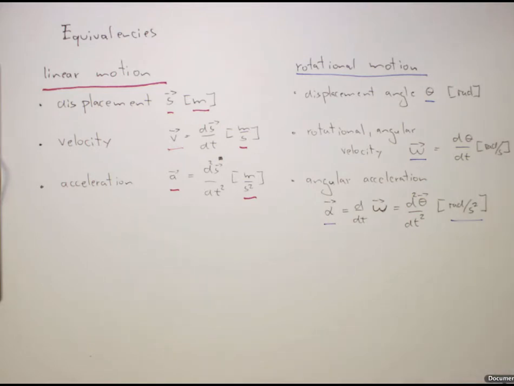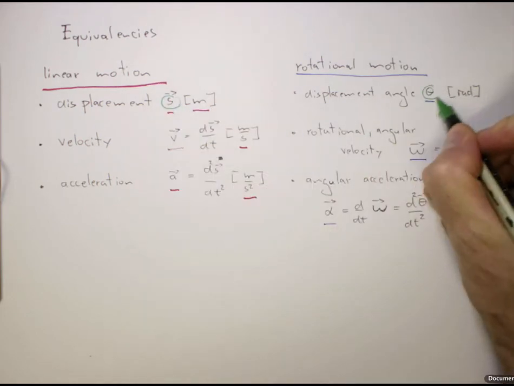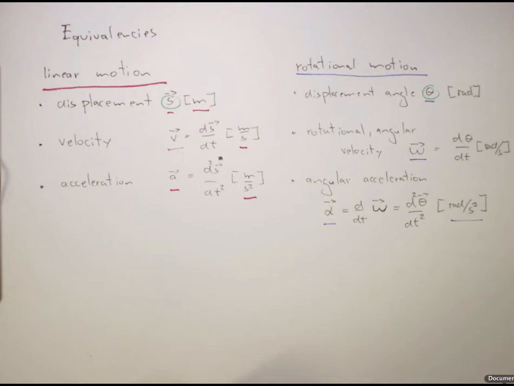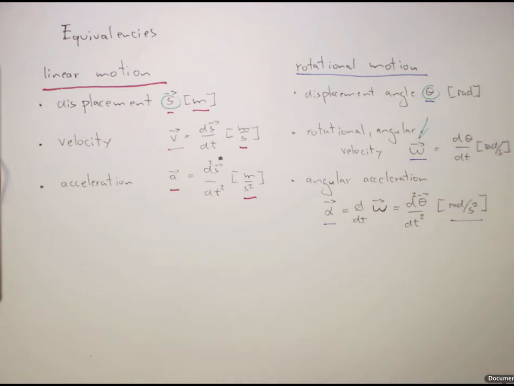So you can see that the situation is very similar. If we replace displacement with theta, then everything else is the same, with the exception that we have to replace velocity with angular velocity and acceleration with angular acceleration.